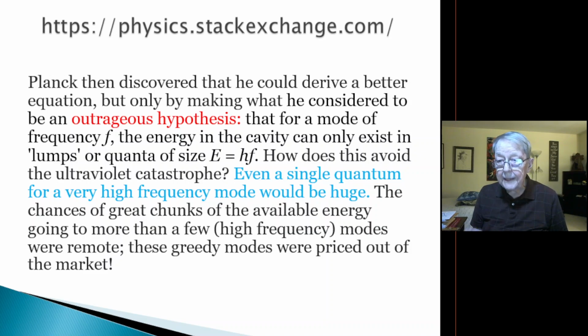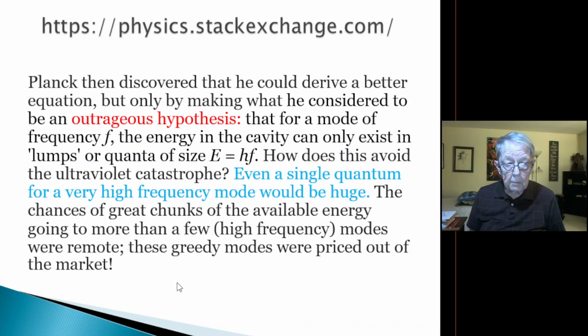The probability of it occurring would be huge. Actually, it sounds reversed, but he's into the idea that the amount of energy at high frequency would be a problem. The chances of great chunks of the available energy going to more than a few high frequency modes were remote. In other words, he says it can't happen.